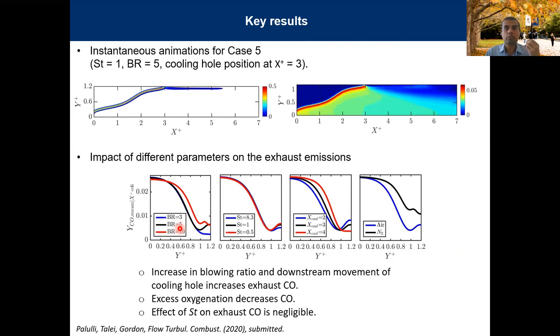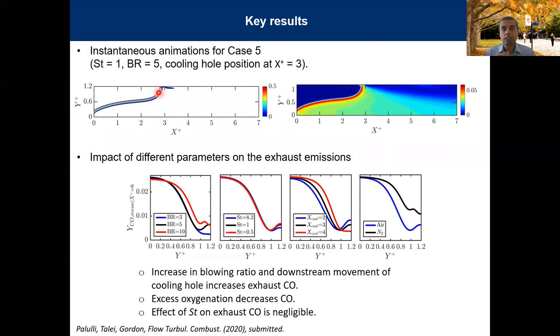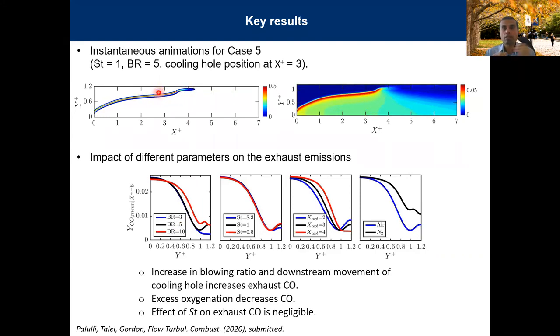And this was quite interesting because this is something we had heard from industry, and there are papers which report that as you increase the amount of cooling air, you're going to get more CO. But this was for the first time observed. And what we think is happening is basically something related to the Coandă effect. So as you increase the blowing ratio, you have a high velocity jet coming into the domain, and the jet is going to get a bit closer to the top wall, and it will impact the flame less.